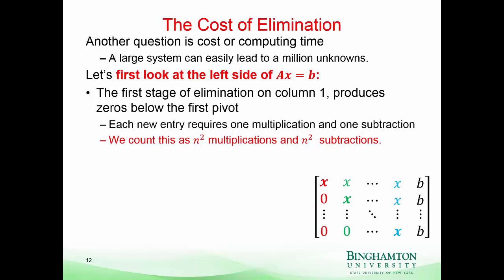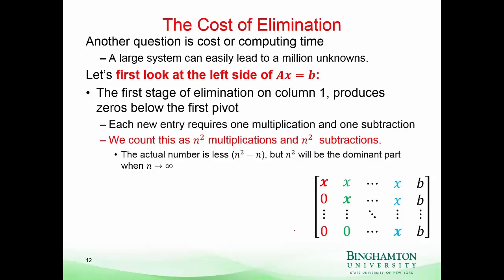So there's a little picture. To make this 0, we would need to multiply all of these numbers by a number, and then add to this row, and so on and so on.